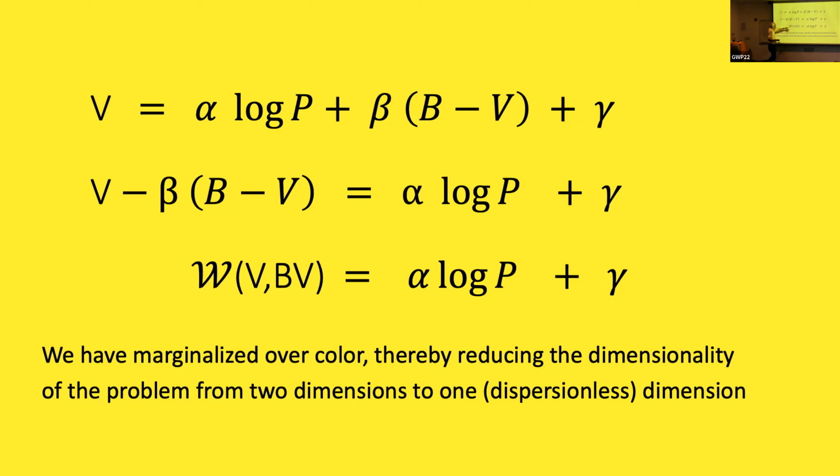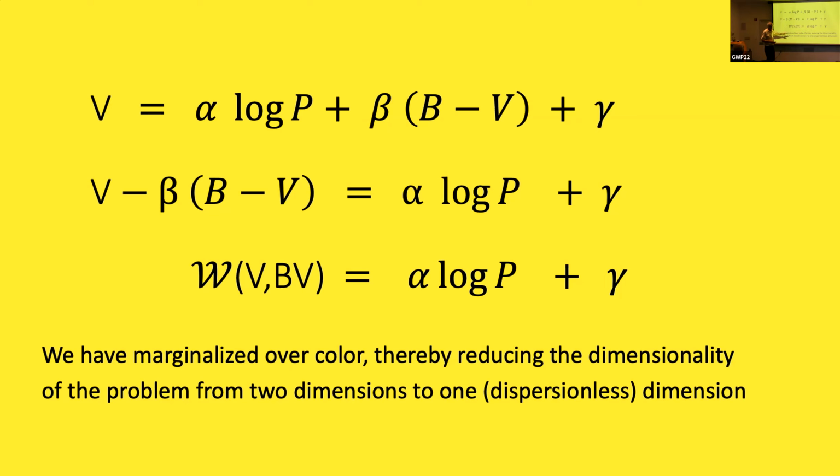So the one test is you, without destroying anything, you just move that term over here. And now this says whatever this thing is, this W, which is a function of visual magnitude and color, modulated by the physics of the color and the intrinsic temperature, is now predicted to be strictly a function of period.